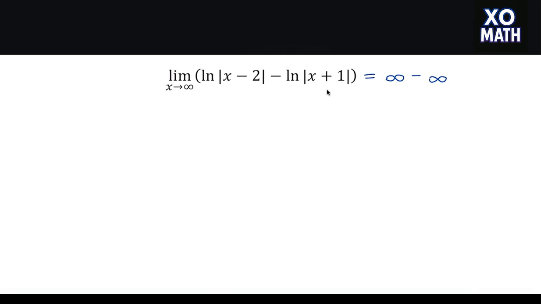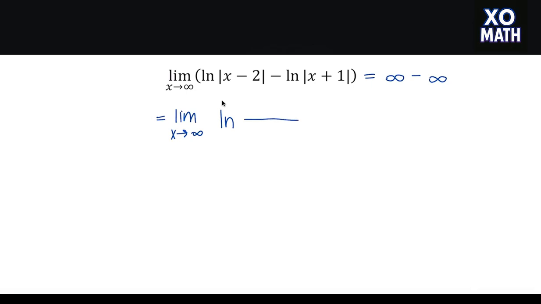So what I'm going to do here is recognize that I can use a log property. I want to be thinking now about L'Hopital's rule where I need a quotient. So how do I turn this into a quotient? Well, there is a log property that we're going to use. This is equivalent to the limit as x approaches infinity of the natural log. When I have subtraction between two logs with the same base, and these are both natural log, it becomes natural log of a quotient.